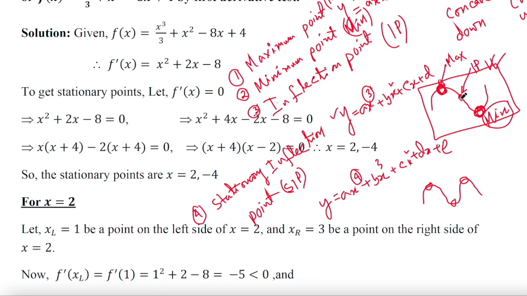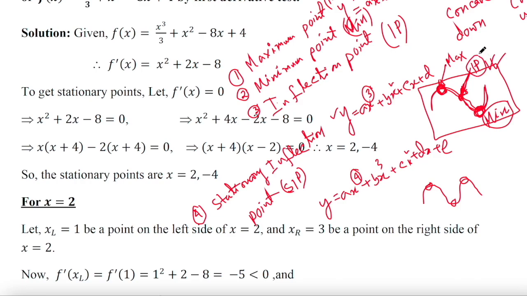How do you understand that it changes concavity? You see, from here to here the curve is concave down, and from here to here the curve is concave up. So at this point the curve changes concavity. Therefore this point is called inflection point.